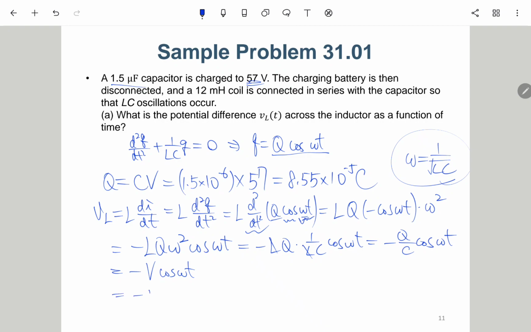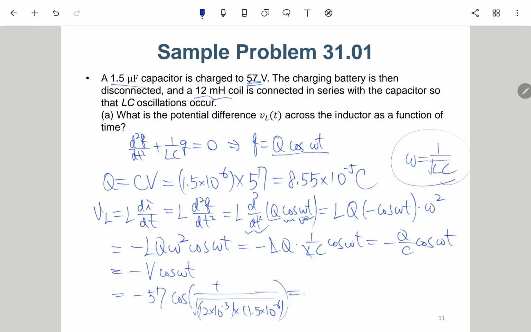And this V is, of course, 57. So this is negative 57 cosine. We can actually find omega, which is 1 over square root of LC. L is 12 millihenry, 12 times 10 to the negative third, times C, which is 1.5 times 10 to the negative 6.